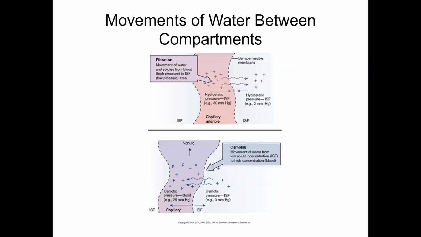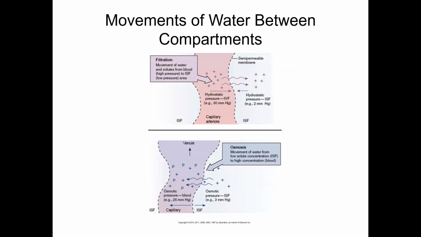At the arteriolar end of the capillary, the blood hydrostatic pressure, or blood pressure, exceeds the opposing interstitial hydrostatic pressure, so fluid is pushed out of the capillary into the interstitial space.